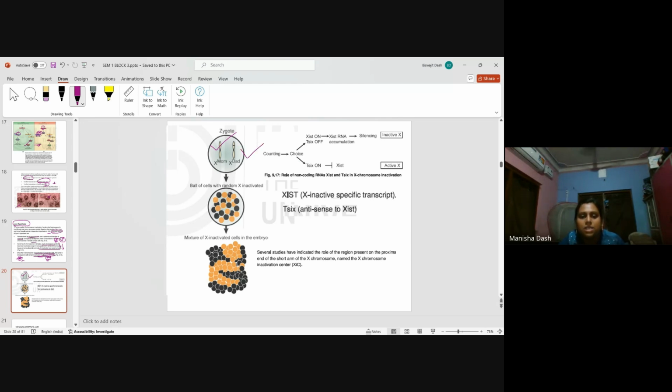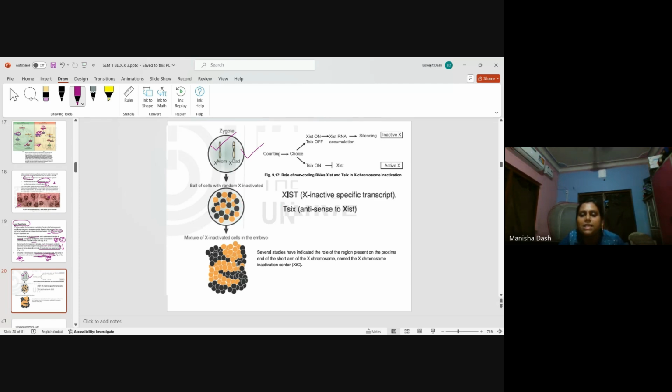In whatever cells the maternal chromosome is active, all the daughter cells produced from that cell will have the active maternal chromosome, and where the paternal X chromosome is active, all daughter cells will have the active paternal X chromosome.